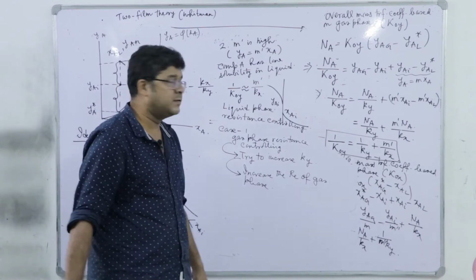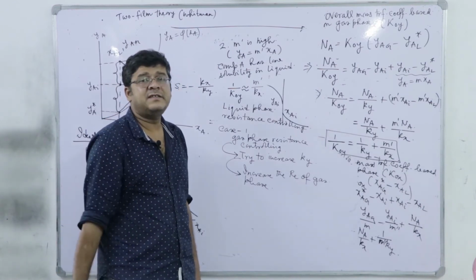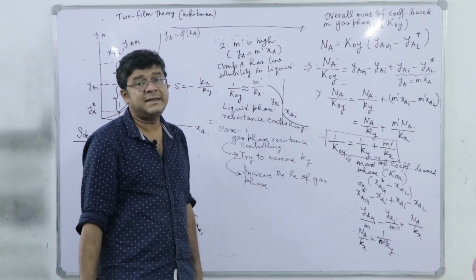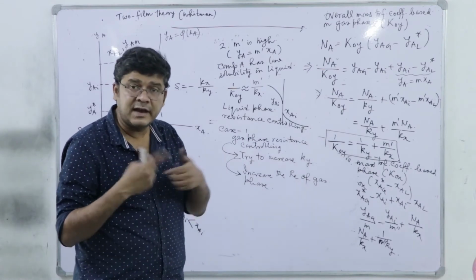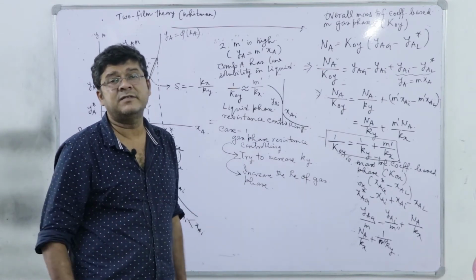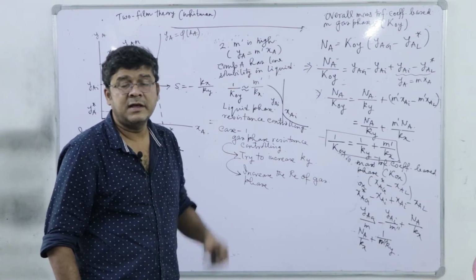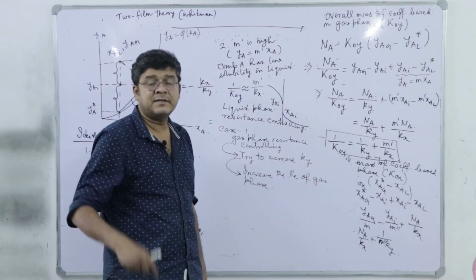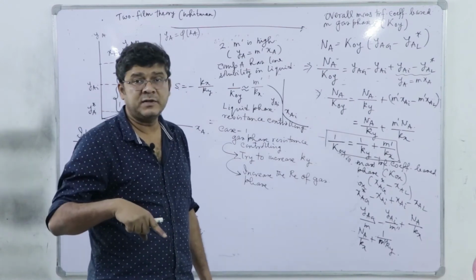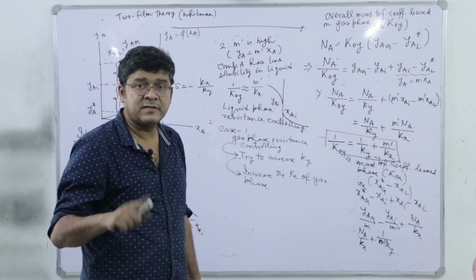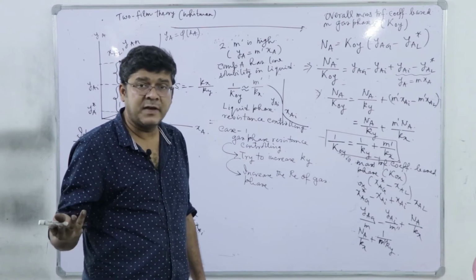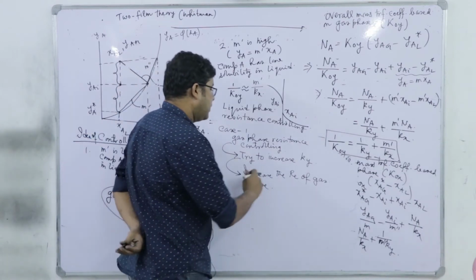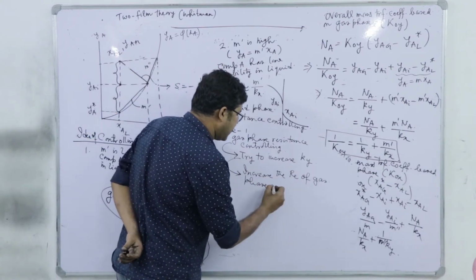So, typically you see, if a phase is dispersed, it is practically impossible to increase the internal Reynolds number within their drop or bubble, right. If here we want to increase the Reynolds number of the gas phase, so gas phase must be continuous, right. Gas phase must be a continuous phase, the liquid phase may be dispersed, right. So, increase of the Reynolds number of the gas phase.